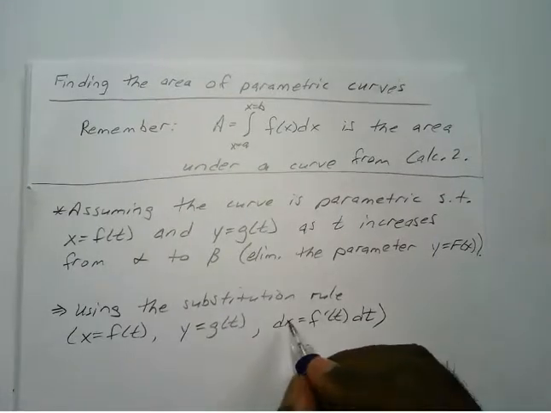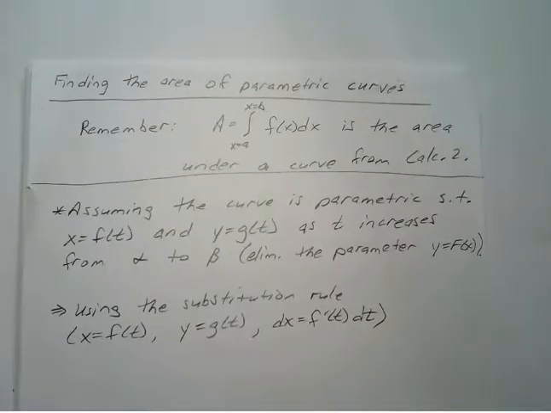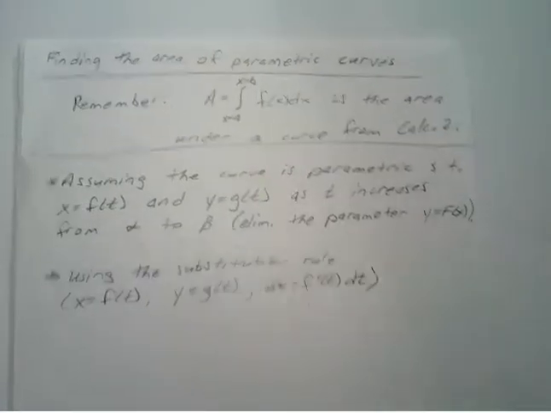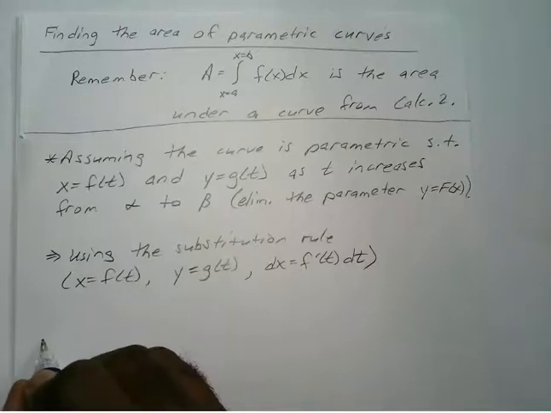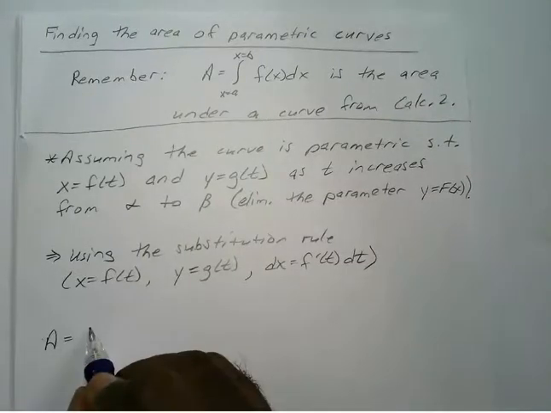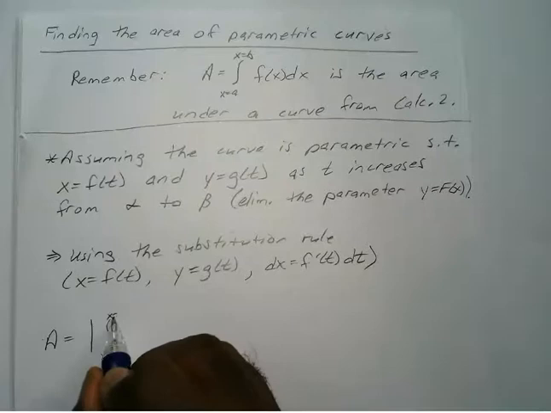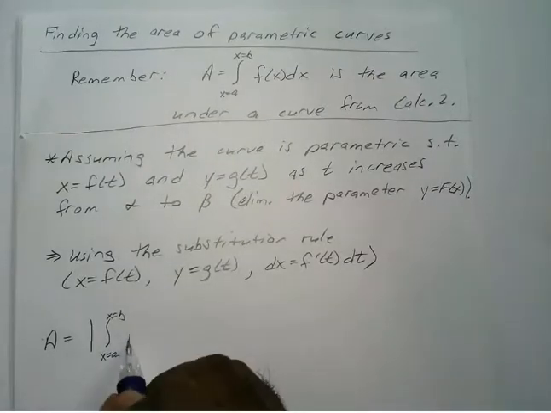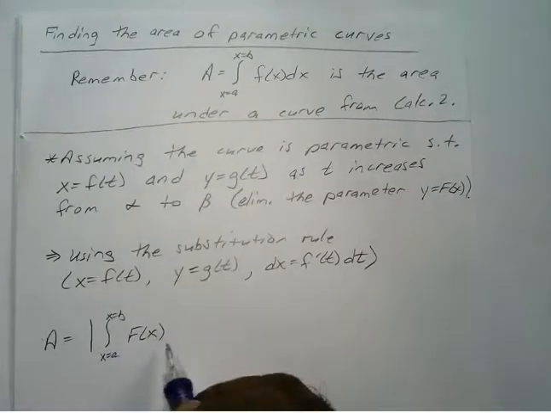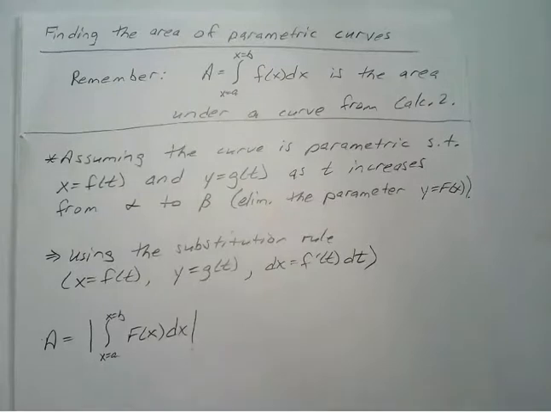Let me clean up that x a little bit. There we go. So what does that give us? We still have our same area formula. Our area is equal to the absolute value, from x equals a to x equals b, of f of x dx.